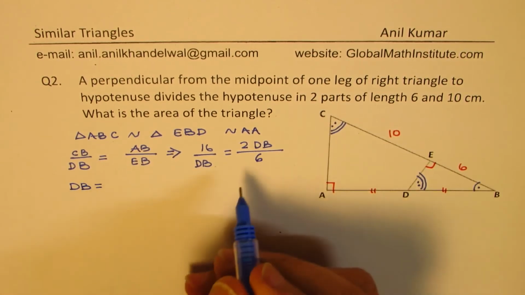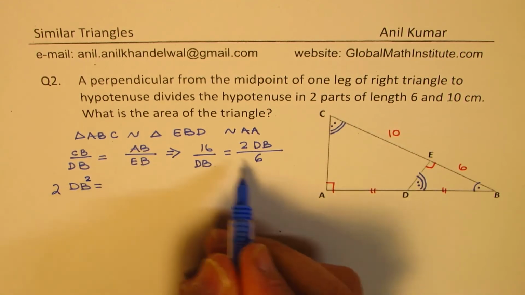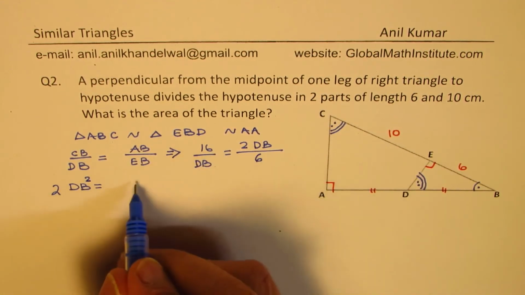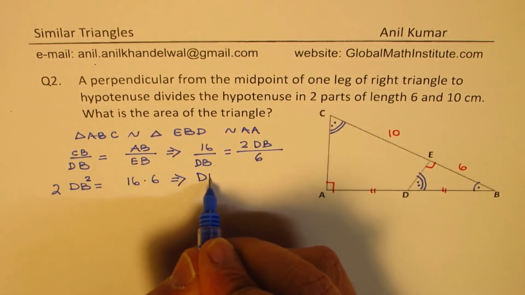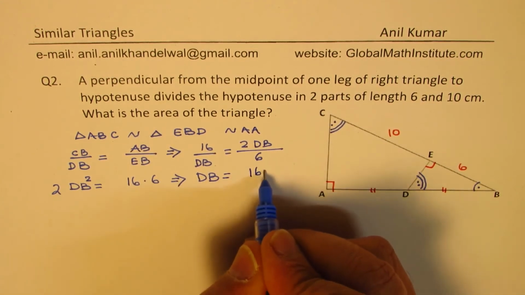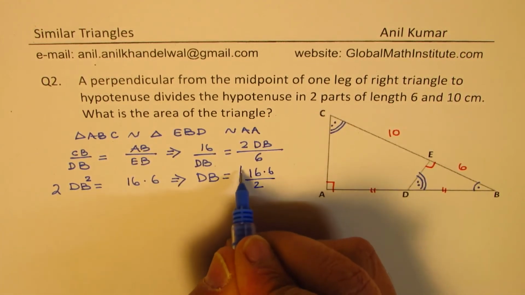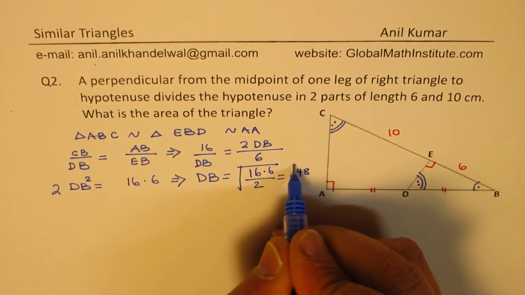So 2 DB square first and then we'll do it. Okay, so it is 16 times 6 and that gives you DB as equal to square root of 16 times 6 over 2, which is square root of 48, correct?